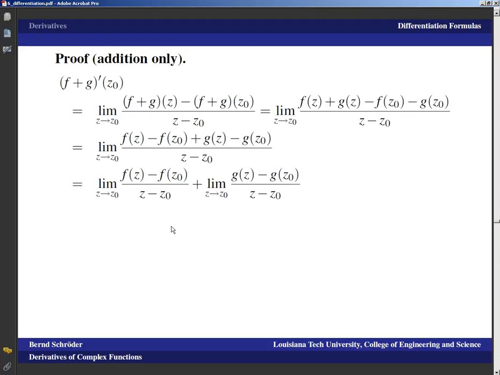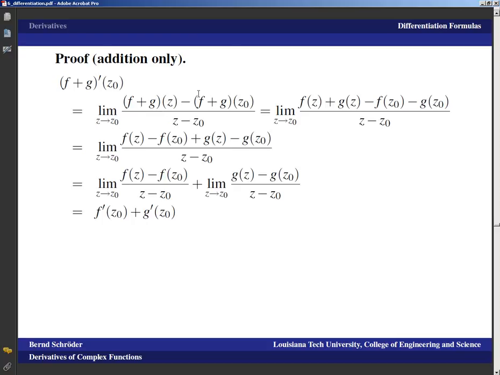And we can split those fractions apart, so that's the limit as z goes to z0, f of z minus f of z0 over z minus z0 plus limit z going to z0, g of z minus g of z0 over z minus z0, and that's f prime of z0 plus g prime of z0, because f and g both were differentiable at z0. So the idea is actually quite straightforward.